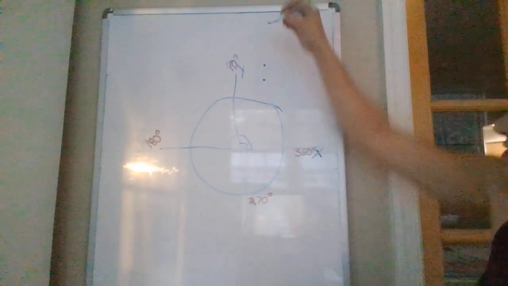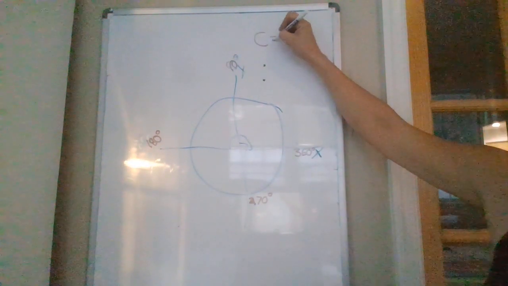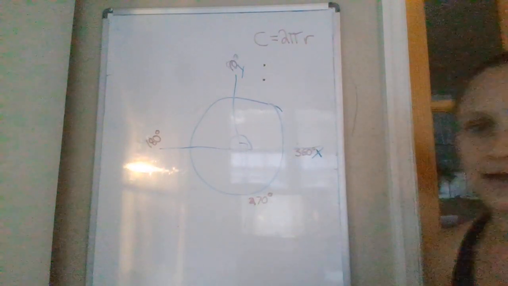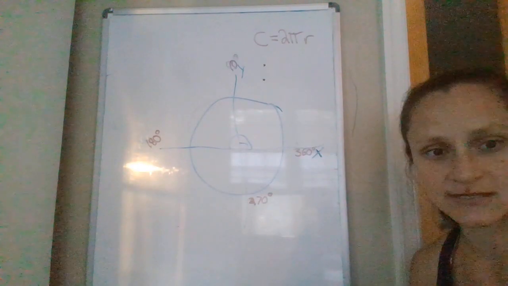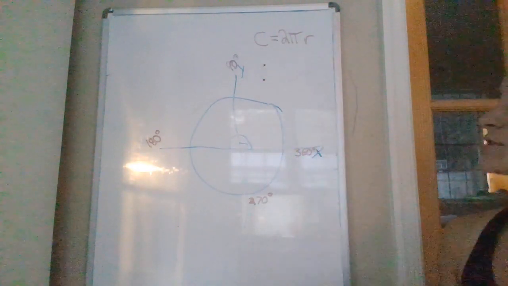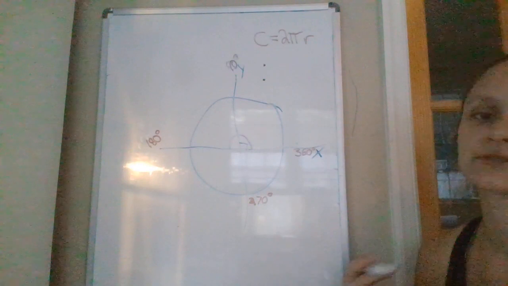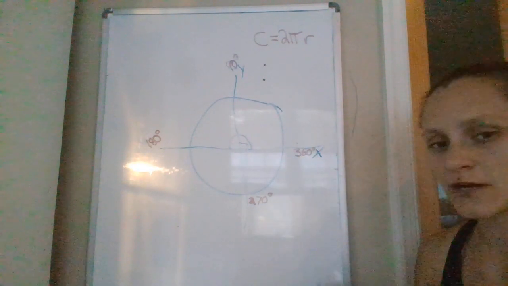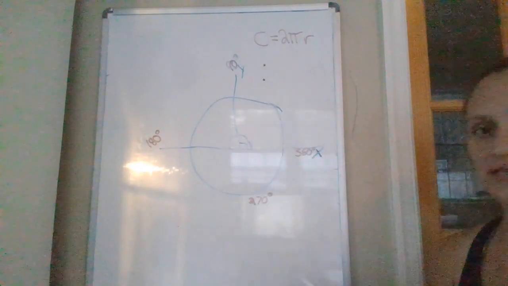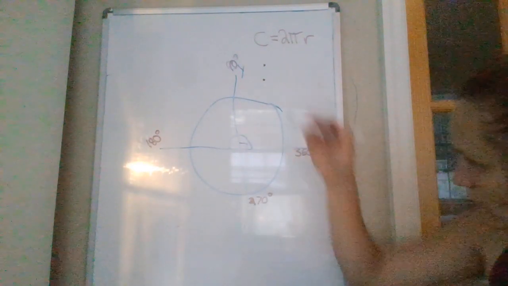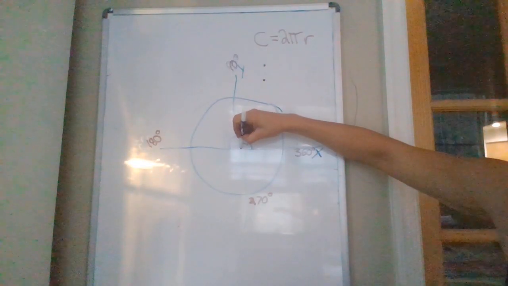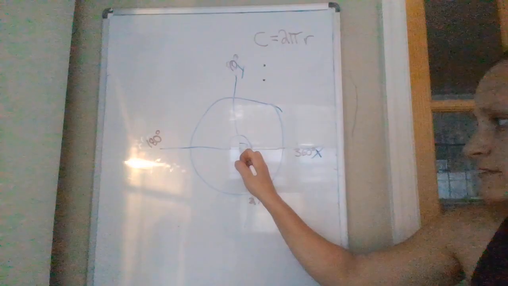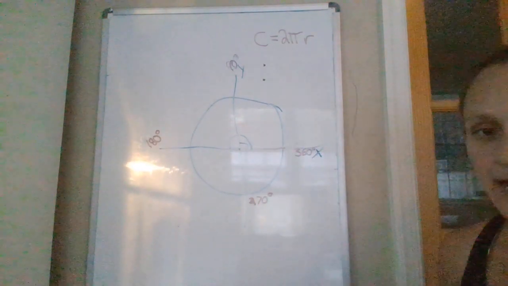But what we also know is the circumference of a circle equals 2 times pi times the radius, which is the song we sing in CC a lot. In trigonometry, we get this circle and call it the unit circle. Radius is the distance from the center to the edge.